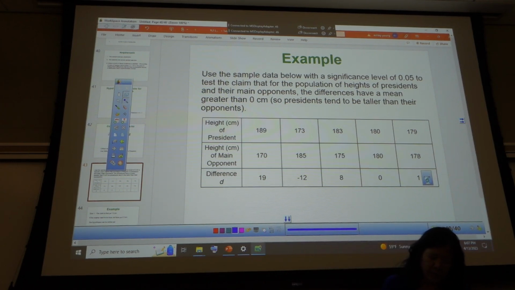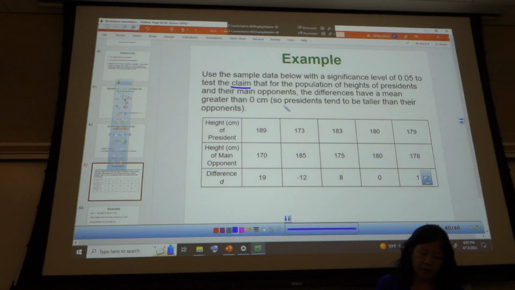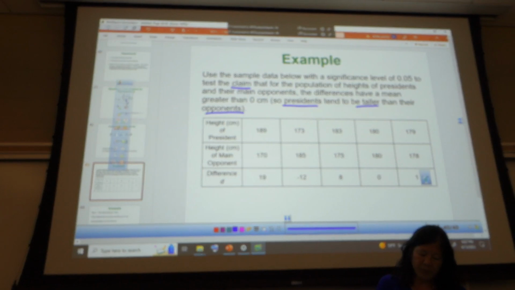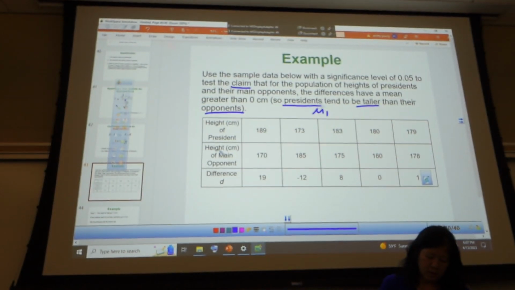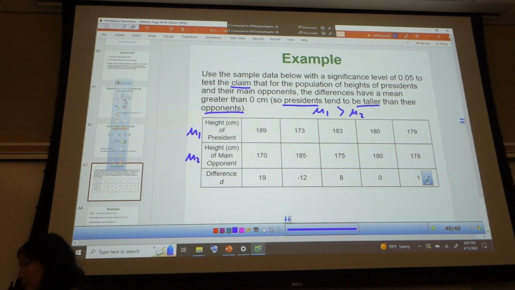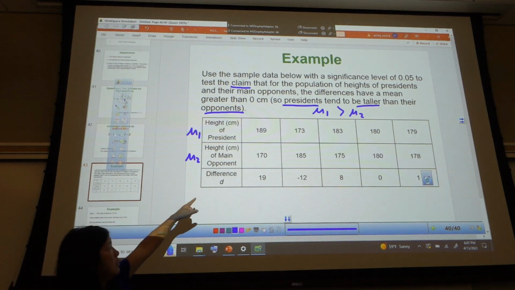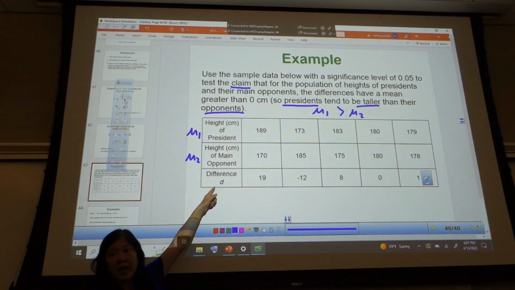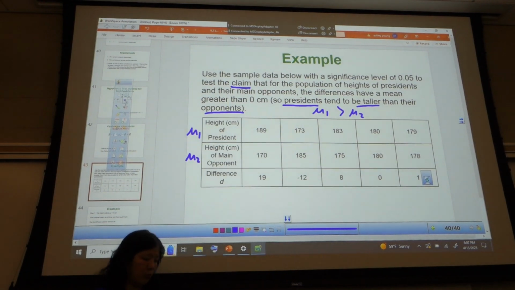The claim is that for heights of presidents and their opponents, differences have a mean greater than 0. In other words, presidents are taller than their opponents. That means that the mean of the presidents, mu1, is greater than mu2. Everybody good with that? But whenever we're talking about dependence, we're going to get down to little d's, so we're only going to talk about mu d.